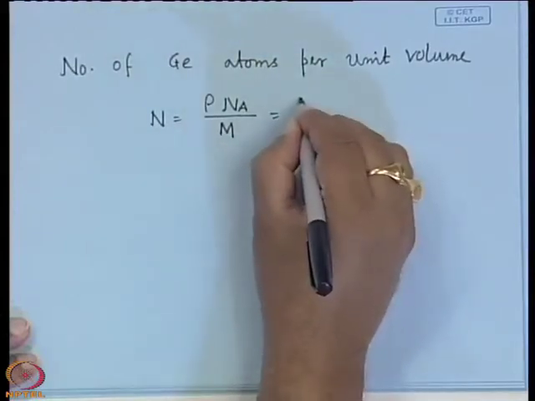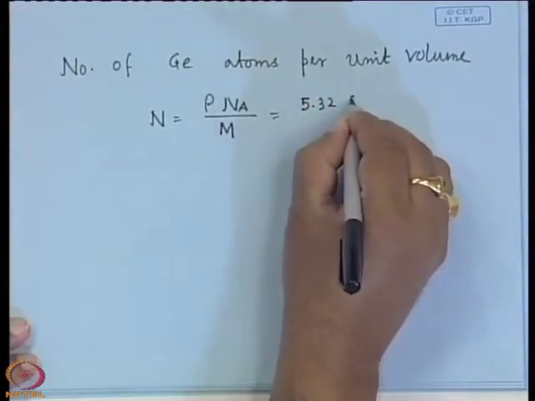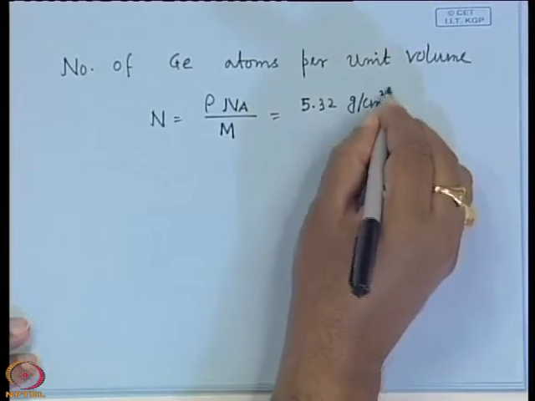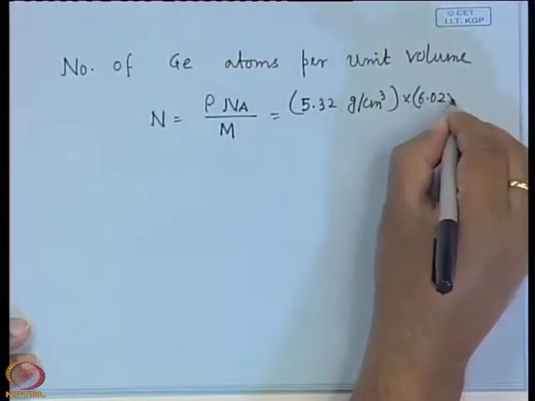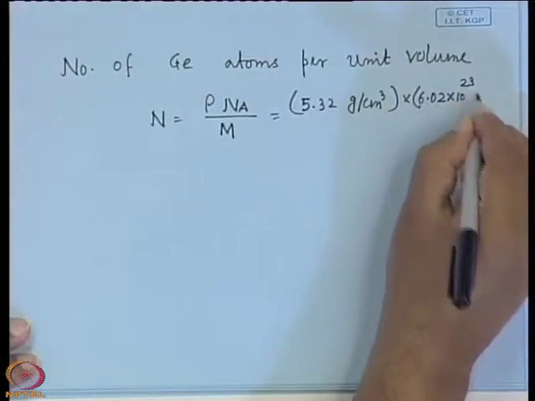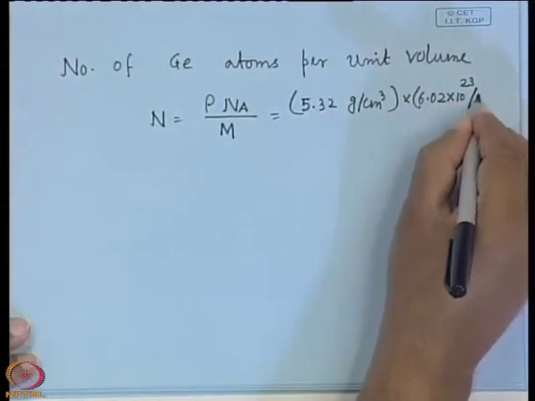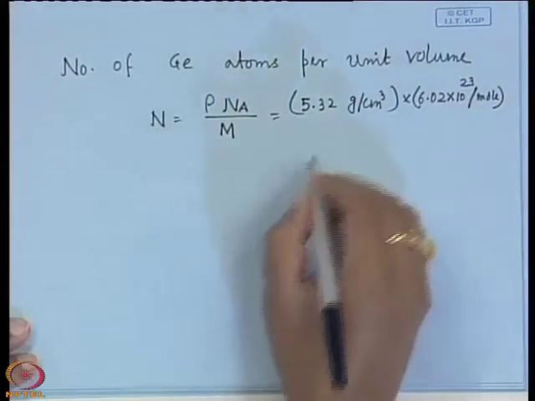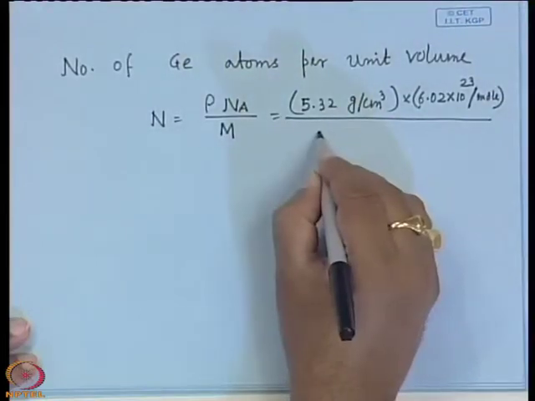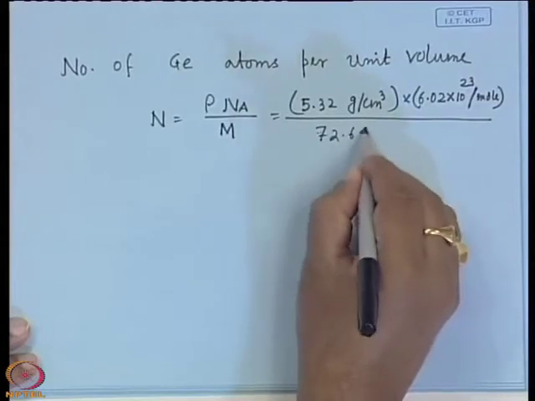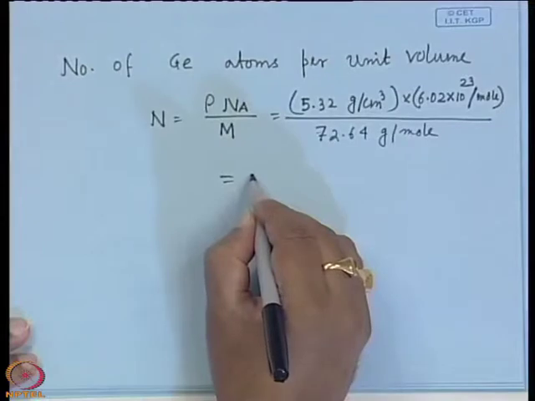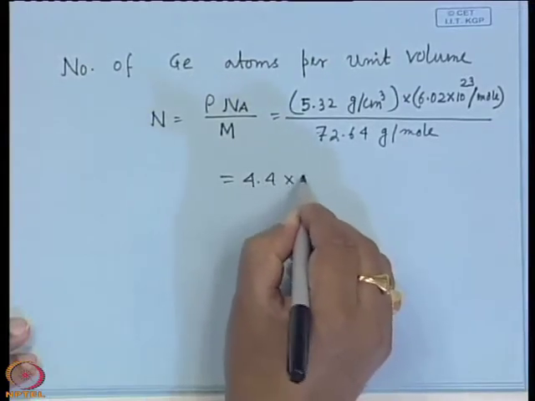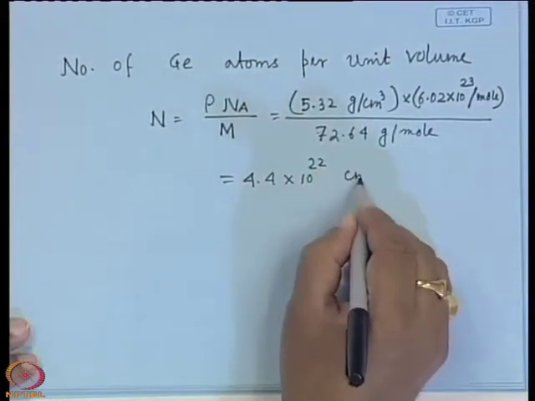Rho is 5.32 gram per centimeter cube, and Na is 6.02 into 10 to the power 23 per mole, divided by M, which is 72.64 gram per mole. So, that means it is 4.4 into 10 to the power 22 centimeter cube inverse.